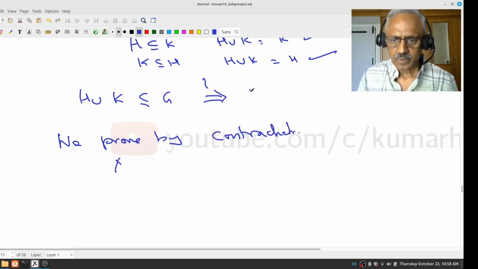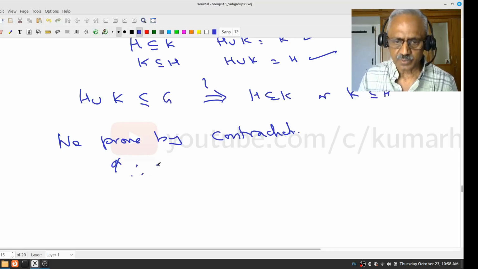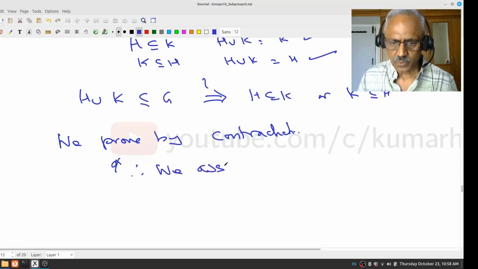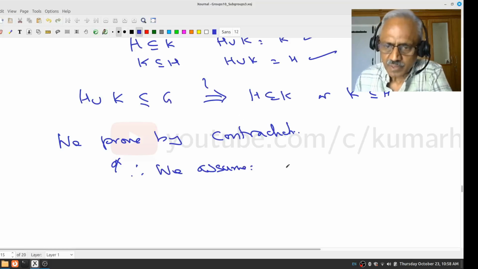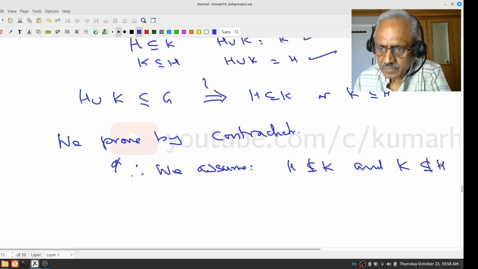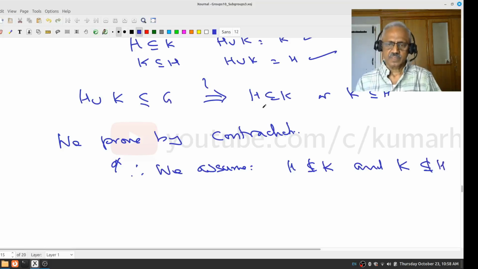Well, H is contained in K or K is contained in H. Therefore, we assume, I am going slow because many people may not have gone through a foundation course, that H is not contained in K and K is not contained in H. This is not true, that means H is not contained in K. This is also not true, that means K is not contained in H. You understand?